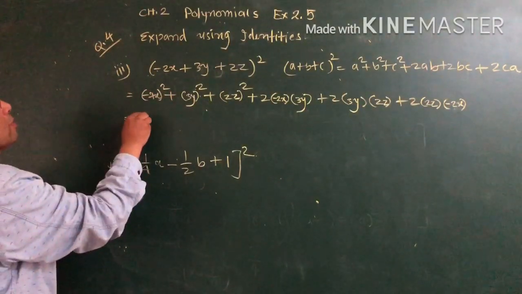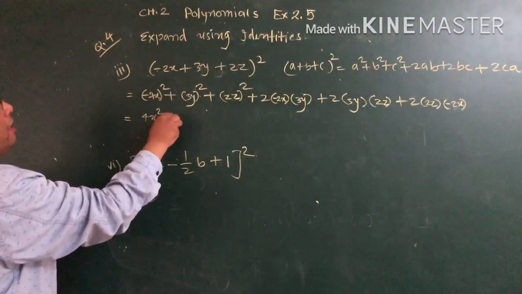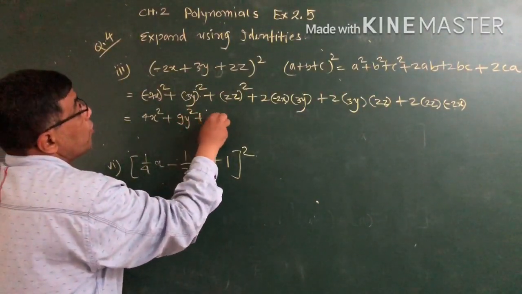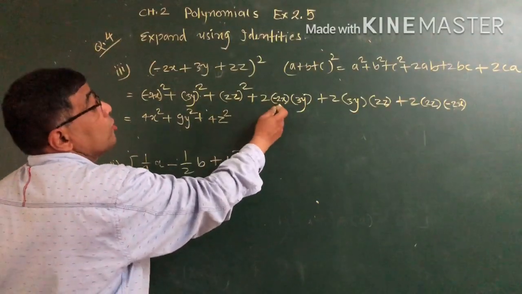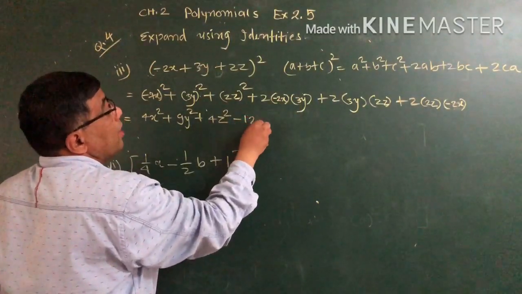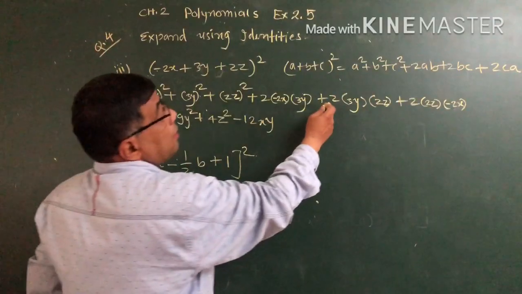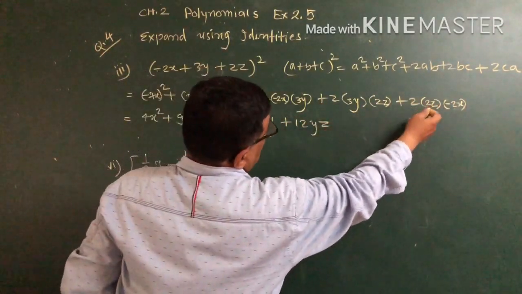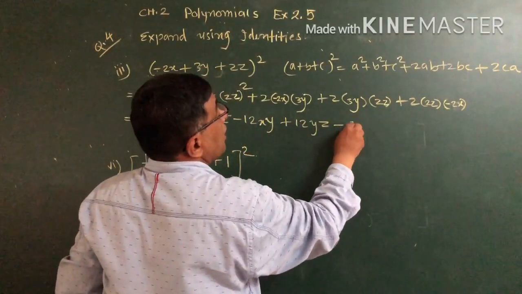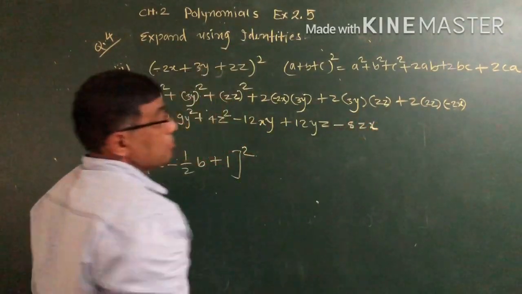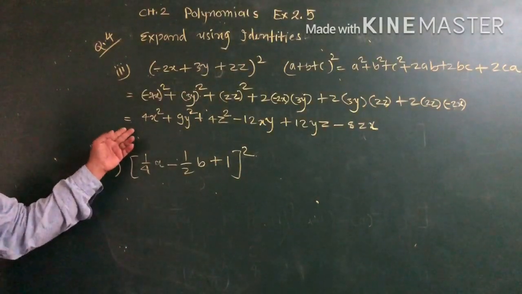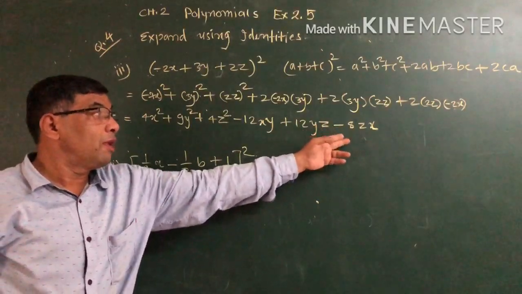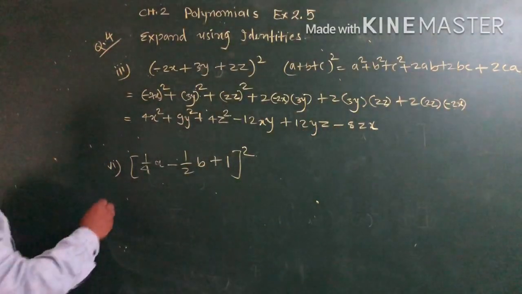Minus 2 square is plus 4, 4x square, 9y square, 4z square, 2 fours are 8, 3 fours are 12, minus 12xy. Here 6 twos are 12, but plus yz. Here 4 twos are 8 but minus zx. So the answer is 4x square plus 9y square plus 4z square minus 12xy plus 12yz minus 8zx.